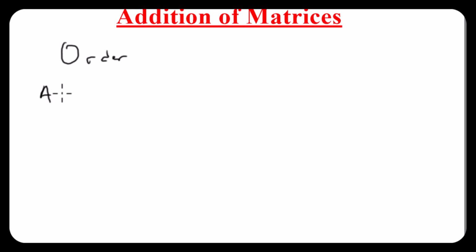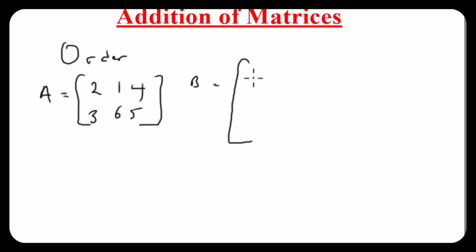Let's say we have a matrix A, with 2, 1, 4, 3, 6, 5, and another matrix B, with 2, 1, 4, 3, and 5, 6. And you have to find A plus B. Remember, we said before you can add two matrices together or subtract two matrices from each other, they have to be of the same order.